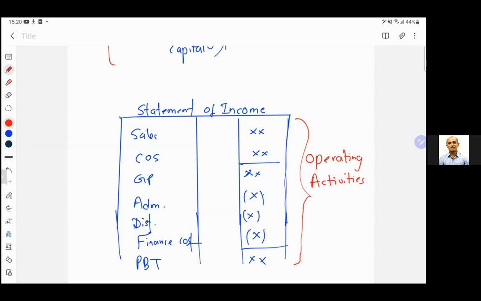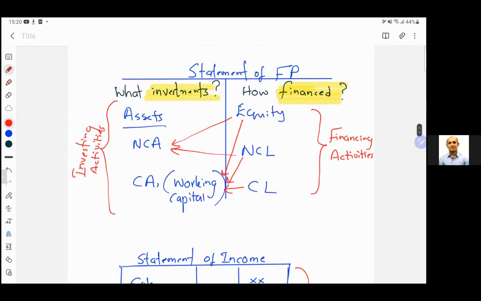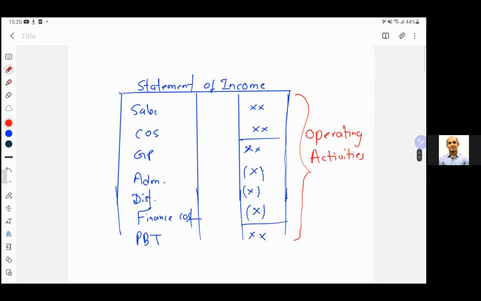Now you see, the company's key activities are investing and financing. With investing and financing, the company gets resources. Then the company can do the operations. Then the results of operating activities you can see from the statement of income.